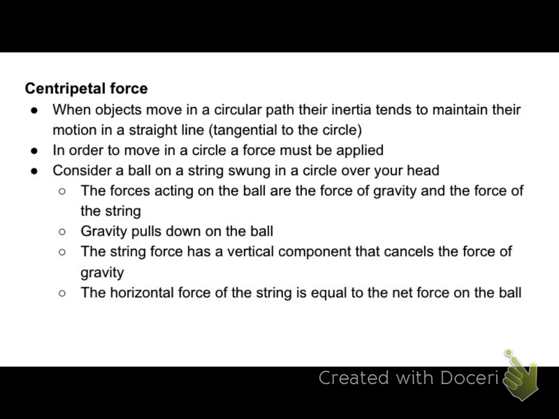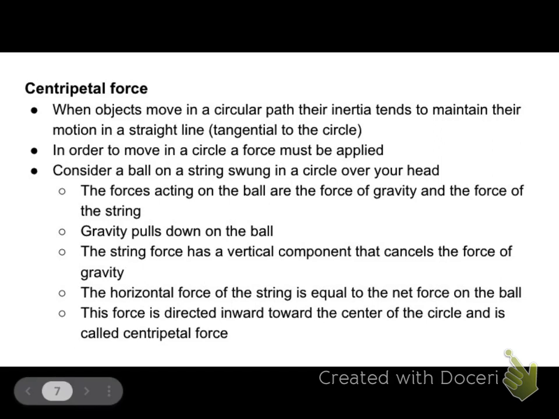So the string pulls up and in, and the upward force will cancel the downward force of gravity, keeping the ball from moving downward, and then the force of the string on the ball inward is what keeps it moving in a circle instead of flying off in a straight line.